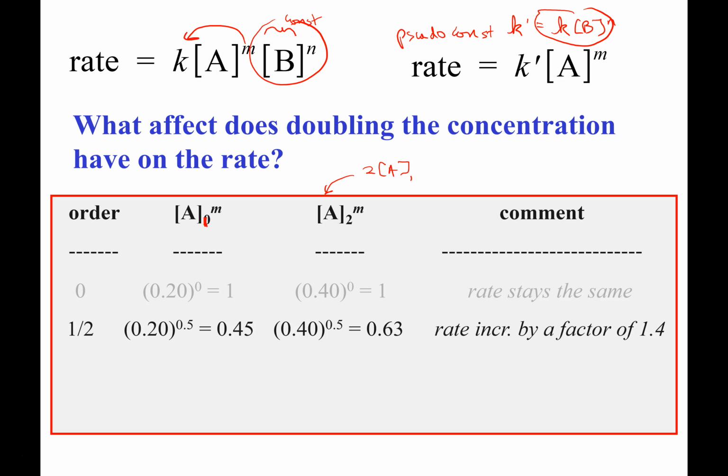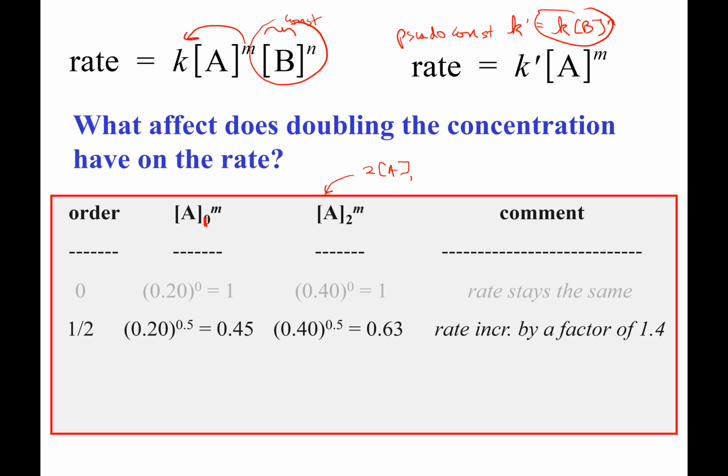I can take 0.63 divided by 0.45, and what you'll get is 1.4. So it's going to go faster with twice as much. How much faster with a reaction order of 0.5? 1.4 times faster. That's it. So we double and we got 1.4, and it's systematic. That'll always be the case.